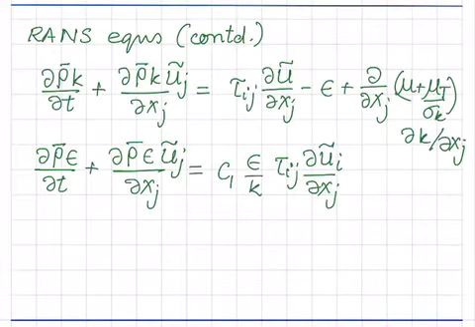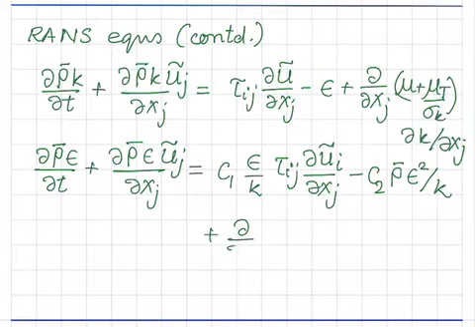The dissipation term for epsilon is of the form of rho bar epsilon squared over k, and it comes with the second model parameter C2. The minus sign says it's going to decrease. It will be a negative term in the equation, similar to epsilon in the k equation.